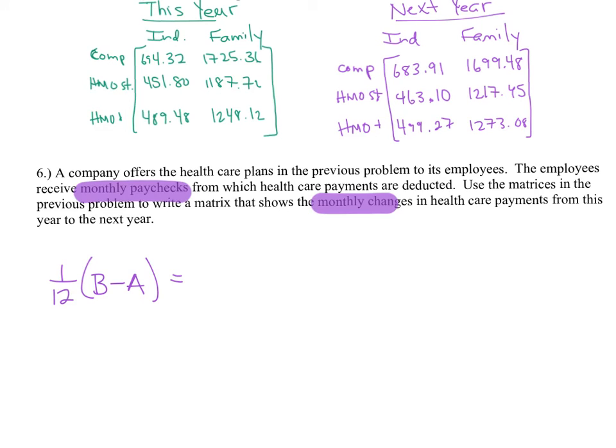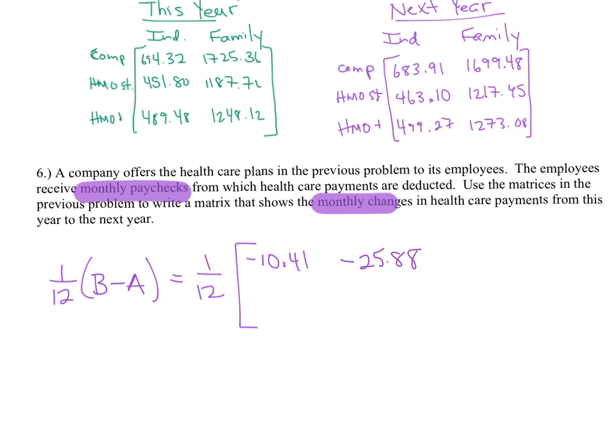So when we go ahead and subtract them in this one, the very first entry would be negative because it's actually decreasing. And then I'm going to go ahead and subtract 1699.48 minus 1725.36, and that gives you negative 25.88.